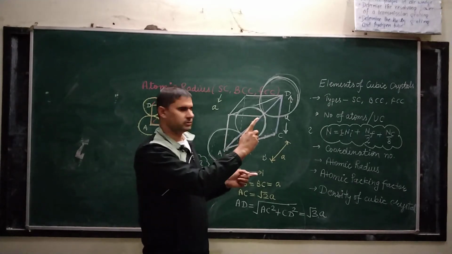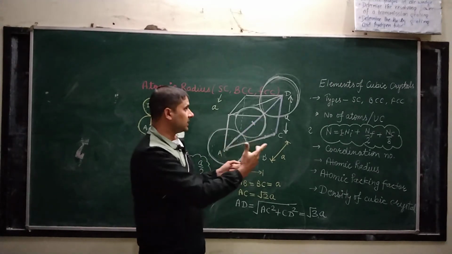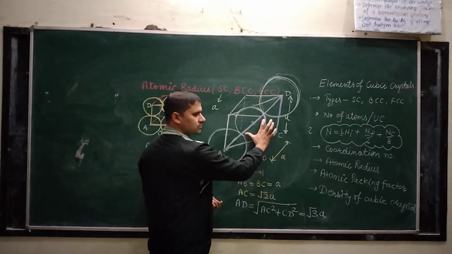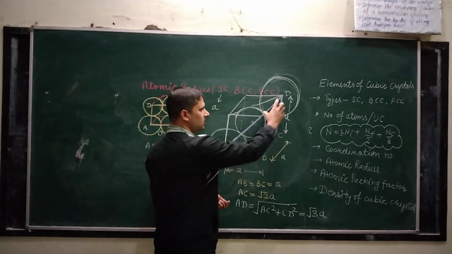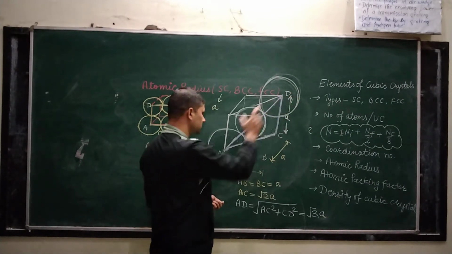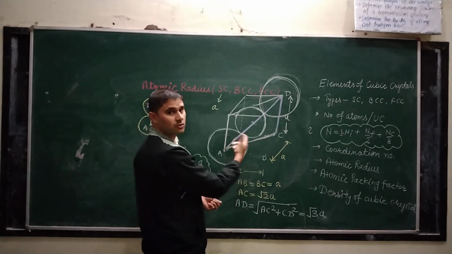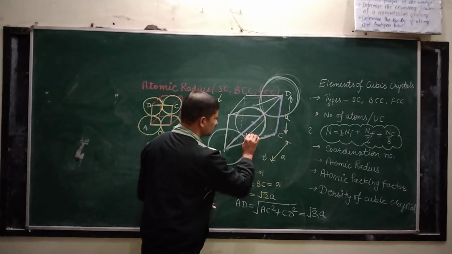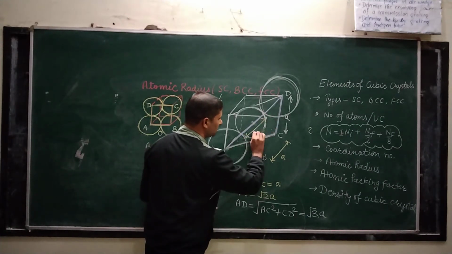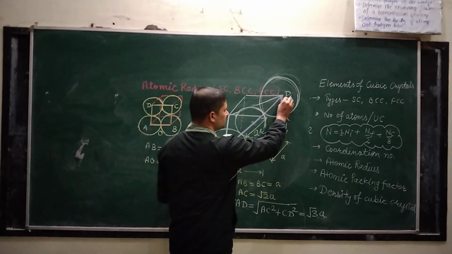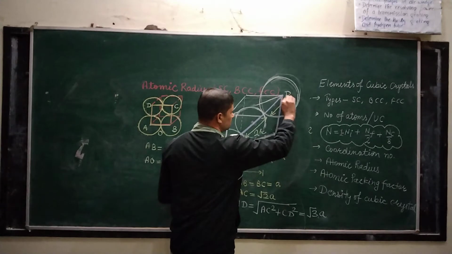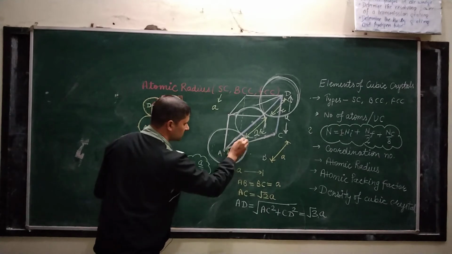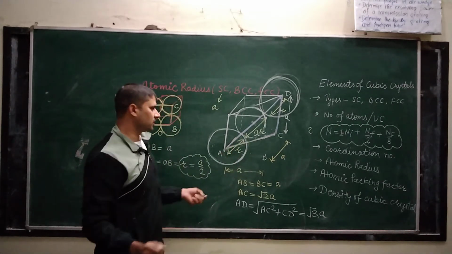This side AD, which is the body diagonal of the cube, is shared by three atoms. This distance is equal to the diameter of the middle atom, this is equal to the radius of the corner atom, and this is again equal to the radius of the corner atom.